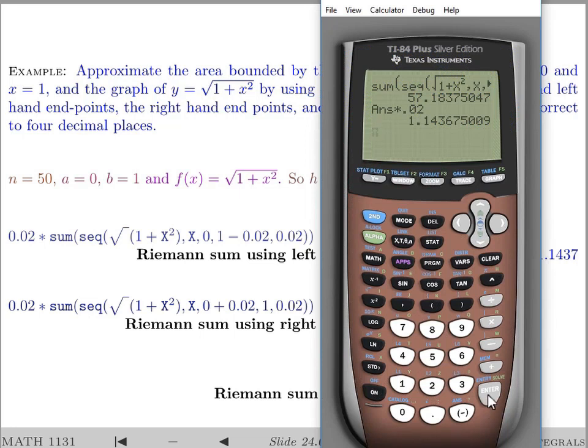I'm going to be lazy and just edit what I put in last time. I need to change this to 1.